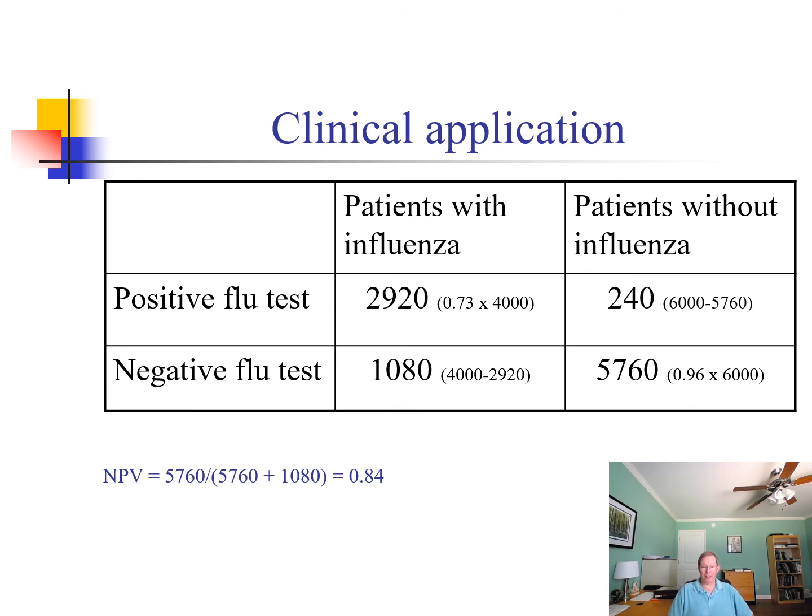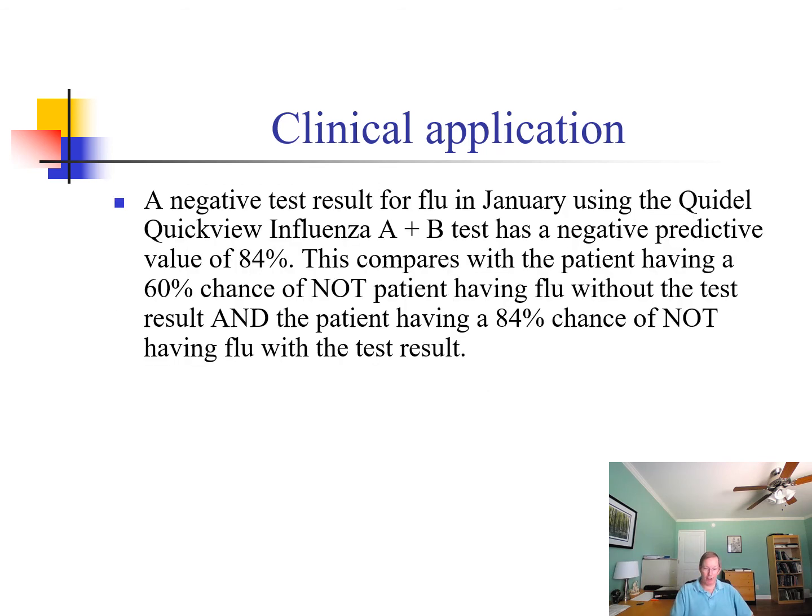In this case, 84%. So that means that it's 84% likely that this person does not have flu and has some other flu-like illness. So these tests that we can run as physicians are useful, and we try to make judicious use of them and apply them when they're appropriate.